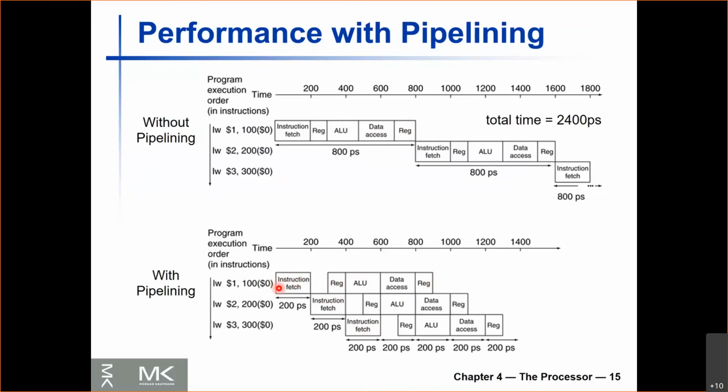However, how long are 3 instructions going to take? Right, 3 instructions are going to take 1,400 picoseconds. So we have 200 plus 200 plus 200, that's the first stage of each instruction, plus the remaining stages, which is 200 plus 200 plus 200 plus 200. So this is 1,400 picoseconds.